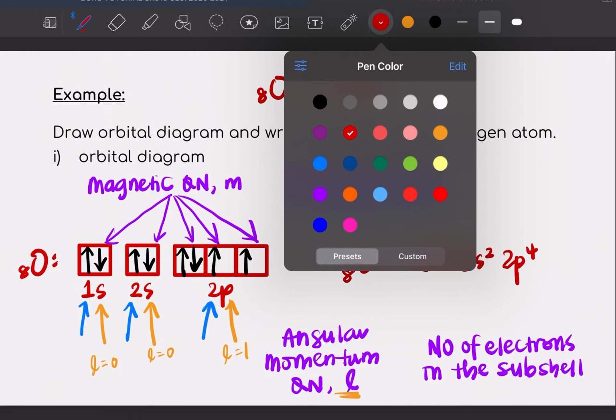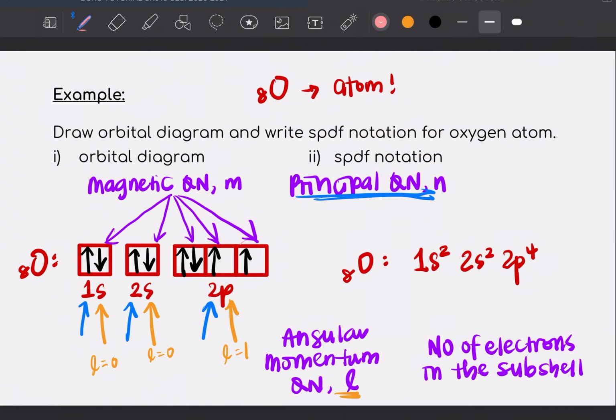Let's change color again. For this electron here, the set of quantum numbers will be N, L, M, S equal to: N will be 2, L will be 1 because it is a p orbital, M will be anything. Let's say I will put -1, and your S, since it's up, I will put +½.